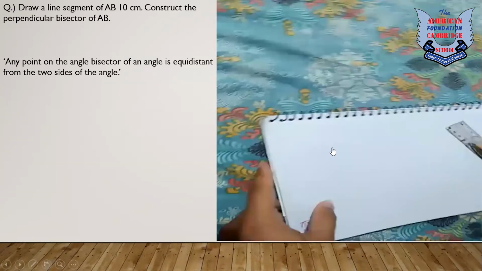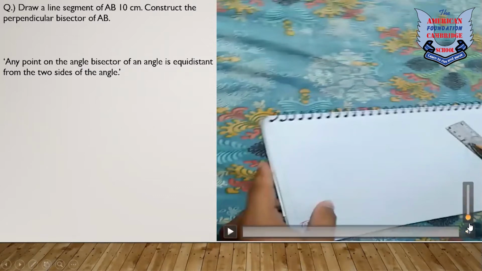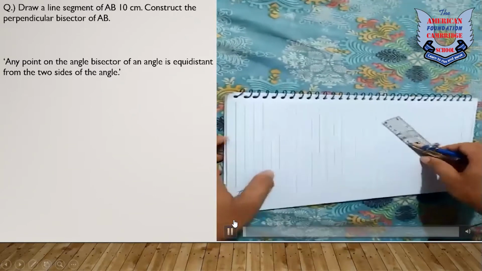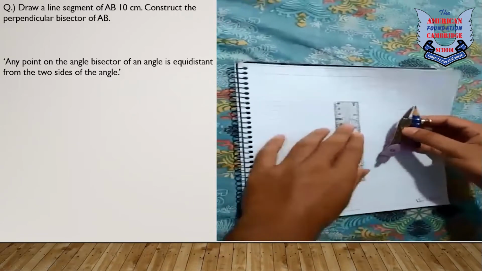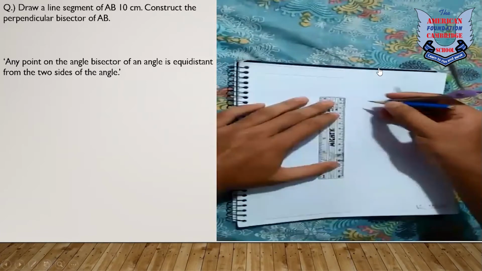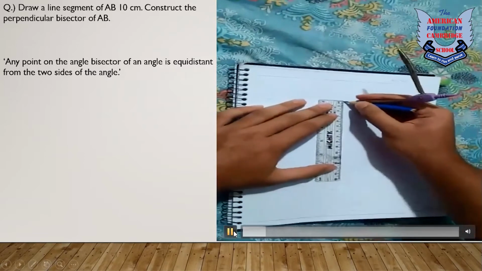Moving on. Okay, so I'll just teach you guys how to draw a perpendicular bisector. And how will we do that? What we'll do first is we'll take a book, a ruler, and a pencil, which is very important.